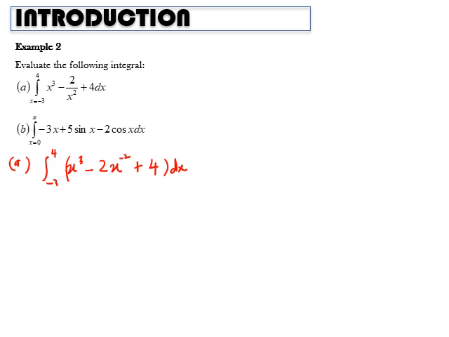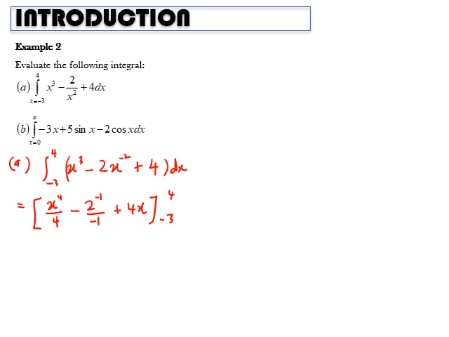So now we can just integrate this. So you will get x power 3 will be x power 4 over 4 minus 2 x power negative 2 plus 1 will be x power negative 1 divided by negative 1 plus 4x. The limit is from negative 3 to 4.